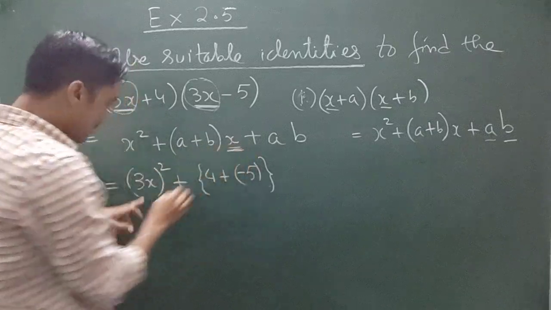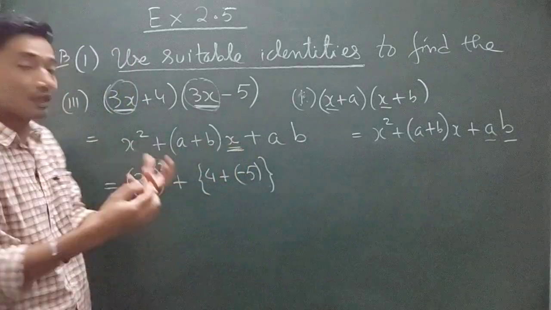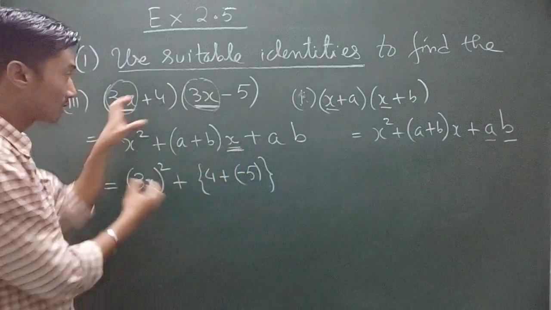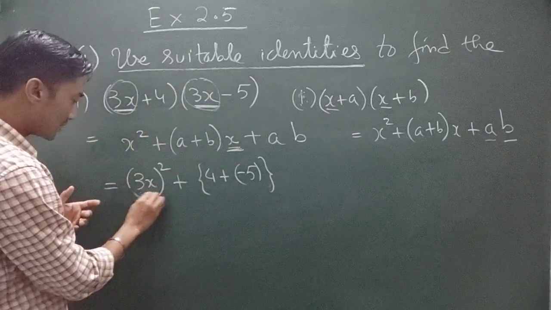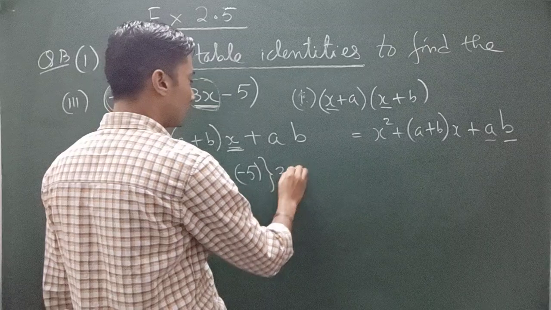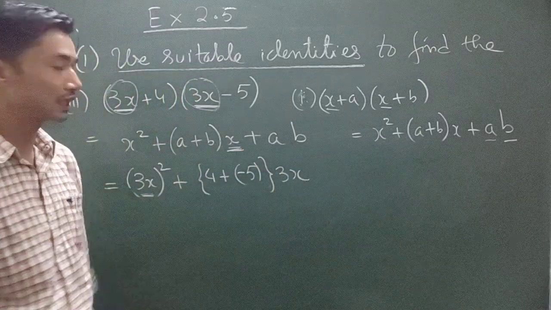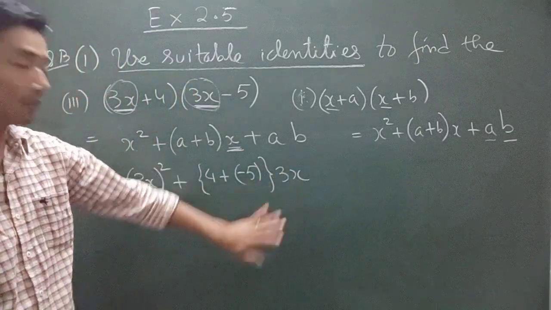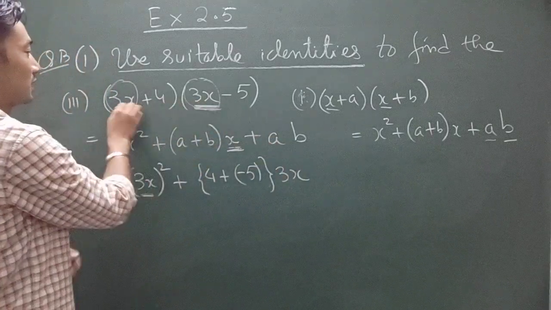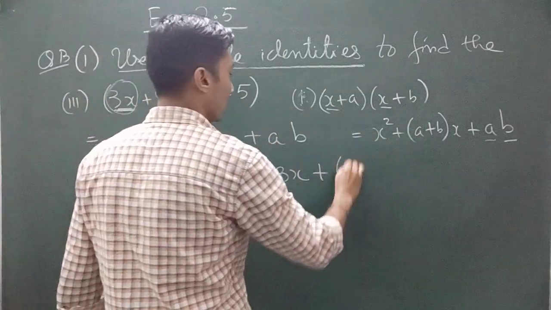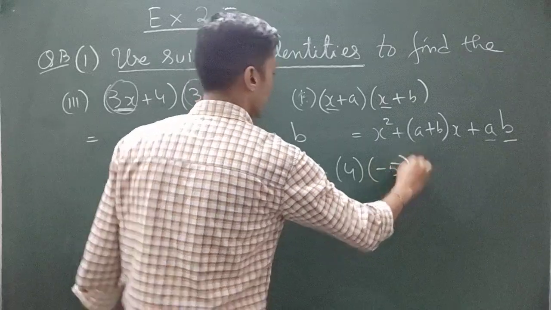What was the value of x that we just discussed? It is not x, is it? Our question here is slightly different. Our level has risen, so it is 3x. After all the hard work, we should not waste it because of careless mistakes. Remember, x is going to be 3x for this particular question. Plus a, 4, into b, minus 5.